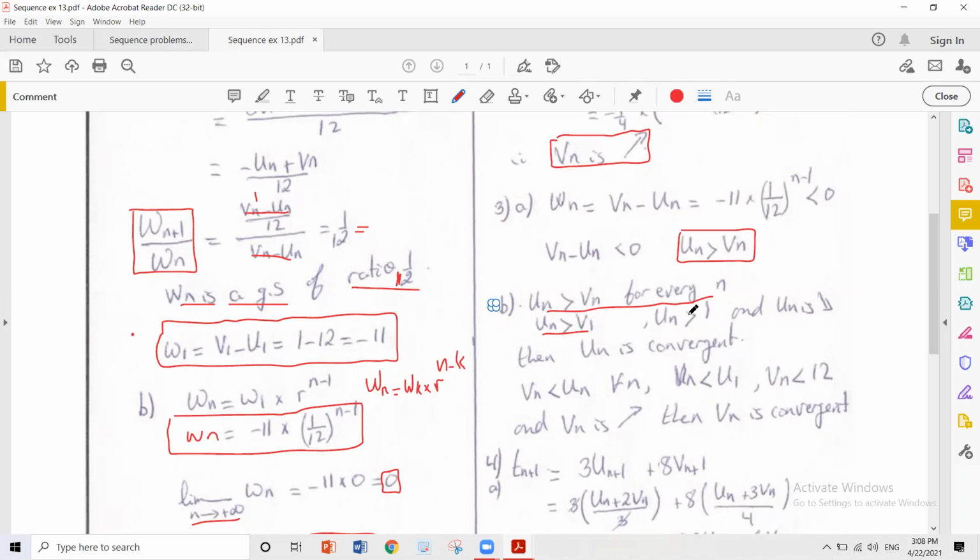Since v1 is 1, un is greater than 1. And un is decreasing, then un is convergent. I repeat, since un is greater than vn, un is greater than v1 for every n, and un is decreasing, which means un is convergent.